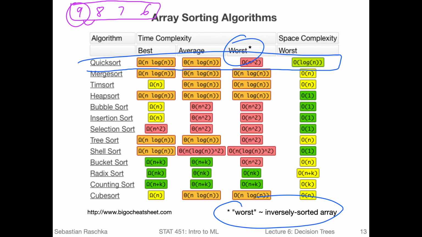So we do the checks, and then we have one very big subarray here, right? The 8, 7, 6, and then an empty one here. And then when we do that, the same thing happens again. So again, we have the large subarray. Now it's just 7 and 6, and then one small one here, an empty one.